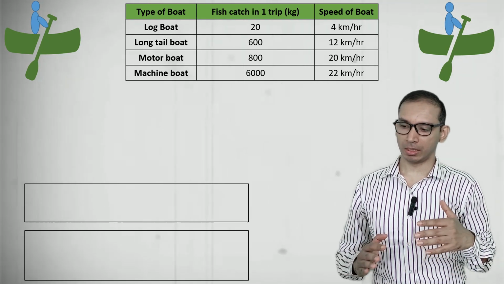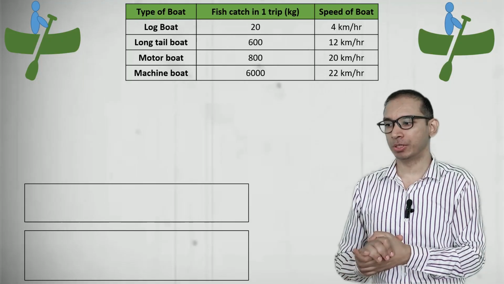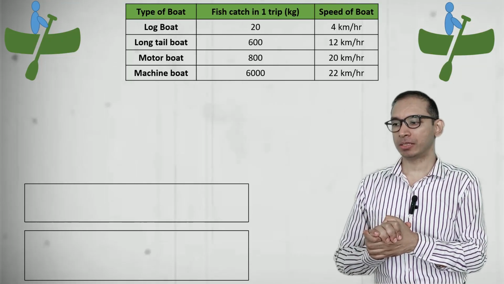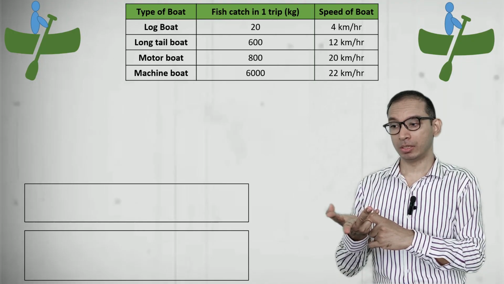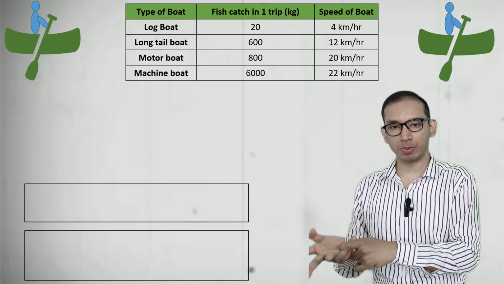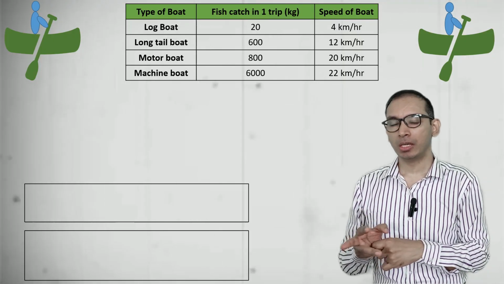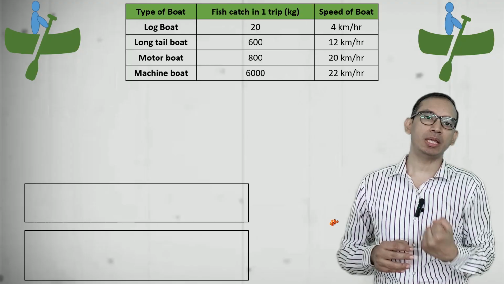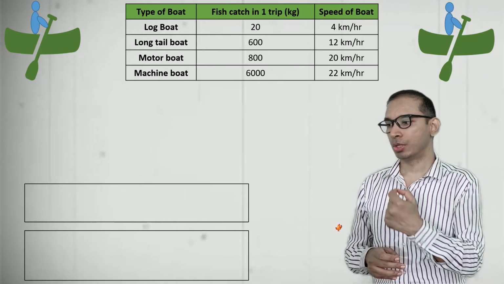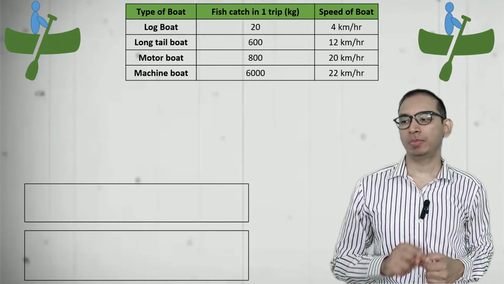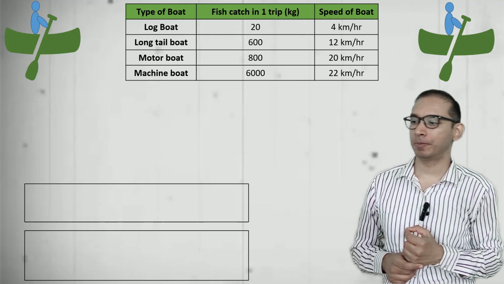Now, the next part of the problem, what I've done is I have tabulated all the information. So what's the information that's given to us? We know the speed of the boat. We have done problems based on that. And now the additional information that we are going to use is the amount of fish that each boat can carry in a single trip. So the logboat, in one trip, can carry 20 kgs and it travels at 4 kilometers per hour.